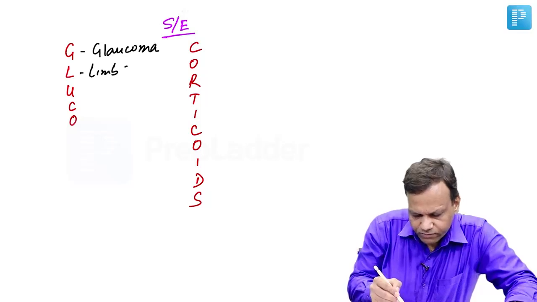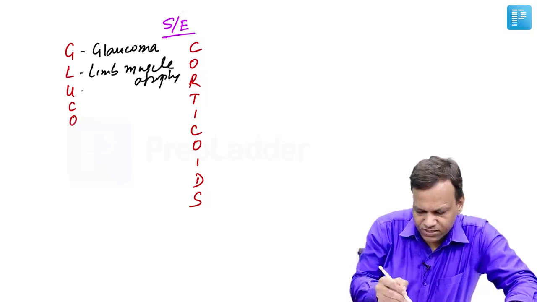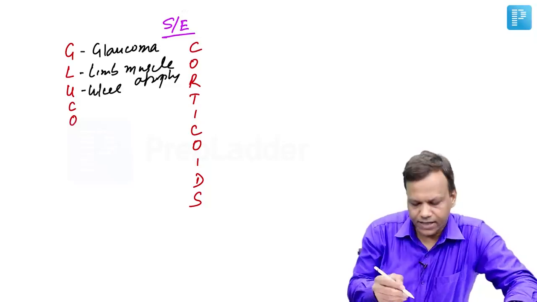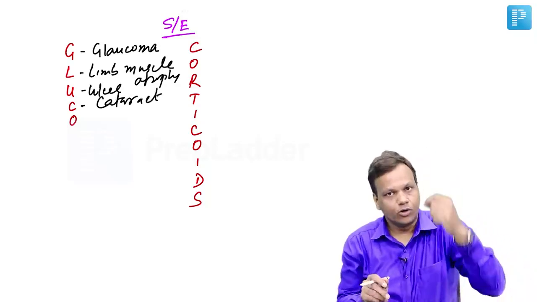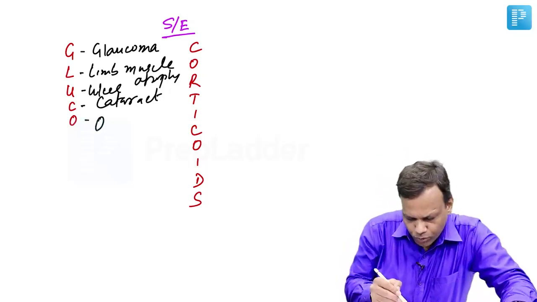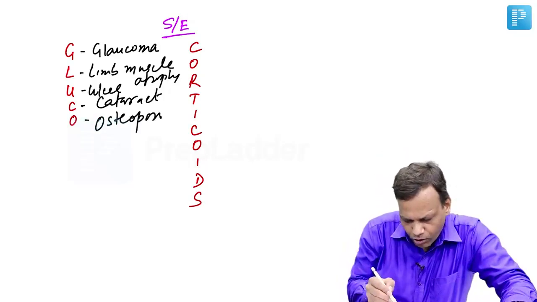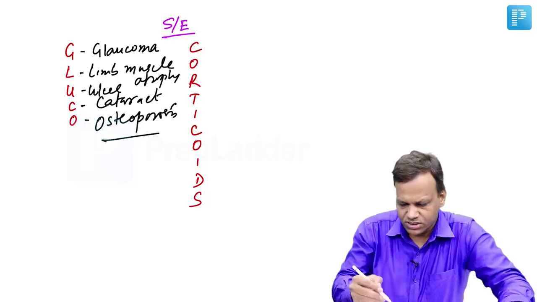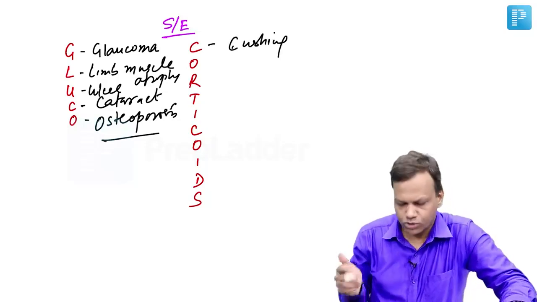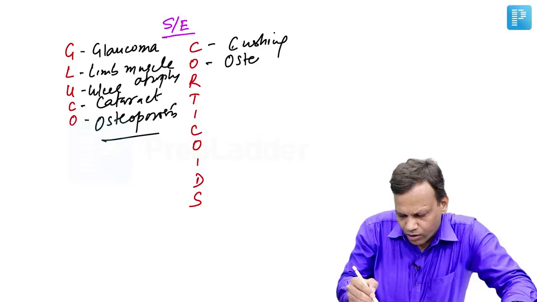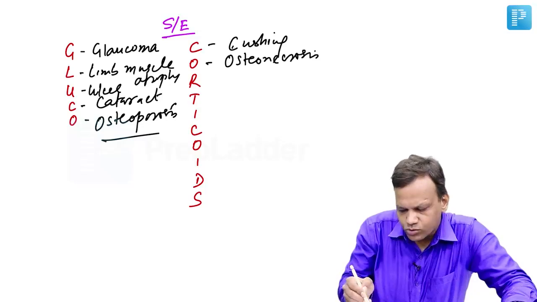Limb muscle atrophy: long-term use can cause muscle atrophy. Ulcer: peptic ulcer can occur. Cataract: remember, oral use will cause cataract, local use will cause glaucoma. Osteoporosis: long-term use of glucocorticoids is associated with osteoporosis. Then Cushing syndrome: glucocorticoid excess can result in Cushing syndrome. Osteonecrosis can occur when we use high doses.